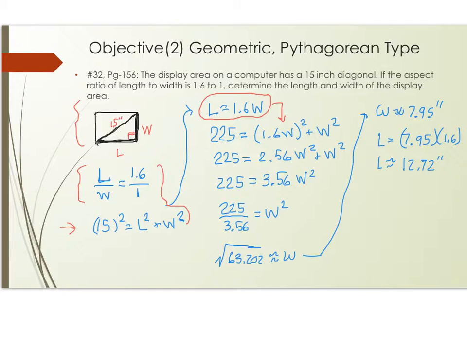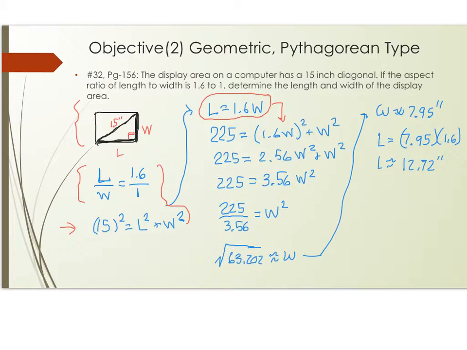So 225 is equal to 1.6 w squared plus w squared. Now we get 225 is equal to 2.56 w squared plus w squared. We add the coefficients of the w squared, and we get 225 is equal to 3.56 w squared.